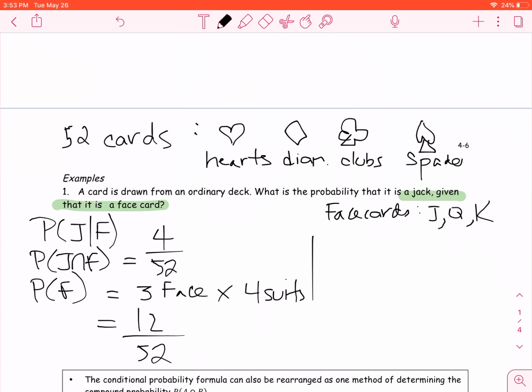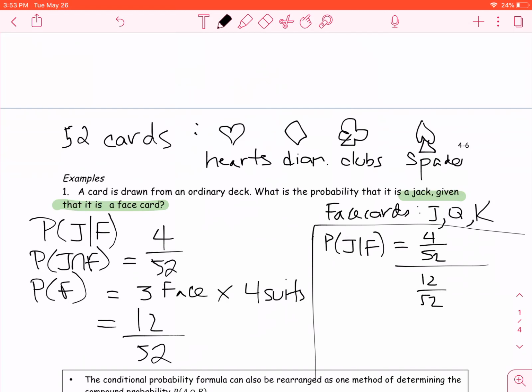Now to find the probability that it is a jack given it's a face card will be 4 over 52 divided by 12 over 52. How do we divide fractions? Always rewrite your first fraction, and then take the reciprocal of the second fraction.